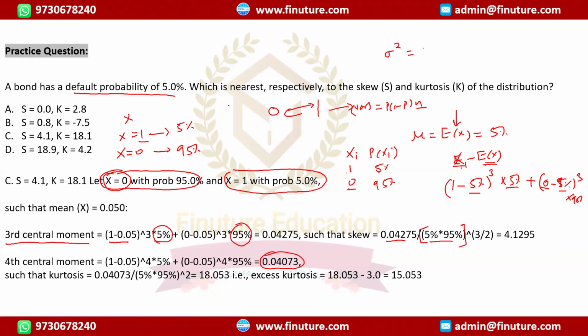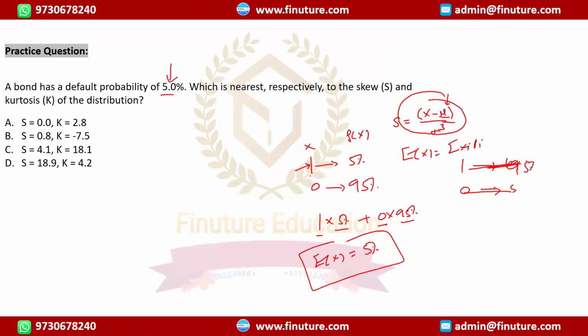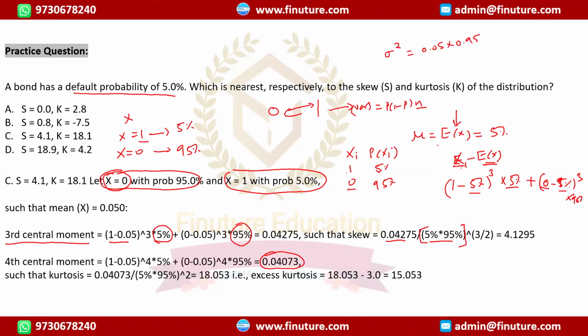So my probability of default is 5%. So 0.05 into 0.95. But in the central moment, as I said, my formula is that in the denominator I need sigma cube. So if I just calculate sigma first out of this, I'll get 0.05 into 0.95 square root, or I can write to the power 1 over 2.